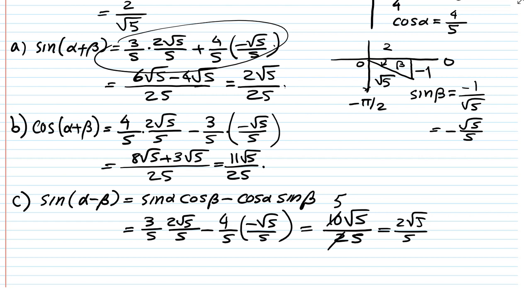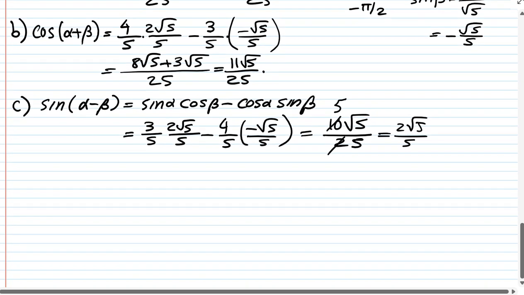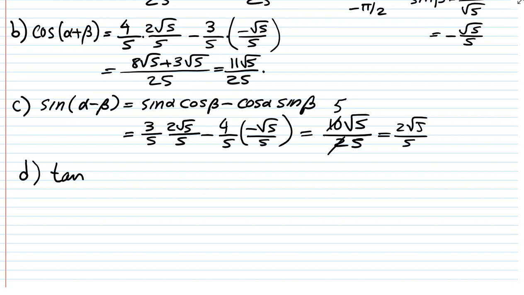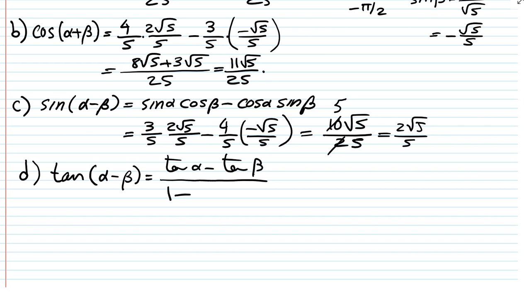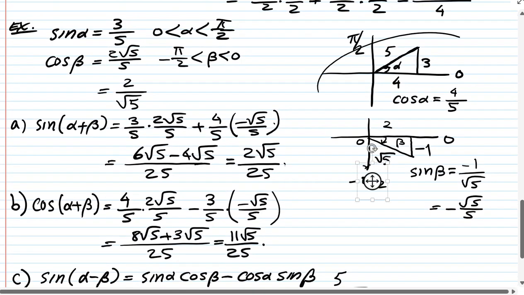Perfect. And then the last one we want to do is, we did sine, let's do tangent. We haven't done tan yet. Tan alpha minus beta. Again, this was tan alpha minus tan beta divided by 1 plus the product, tan alpha, tan beta. Now tangent alpha, we can get that from the triangle, right?